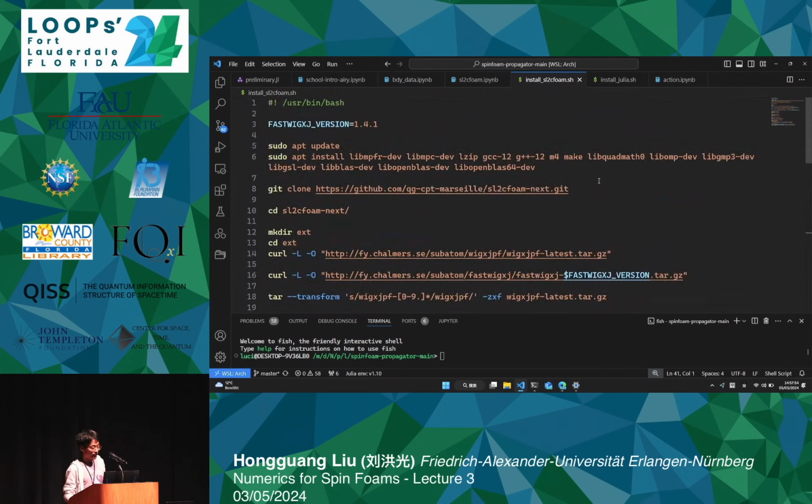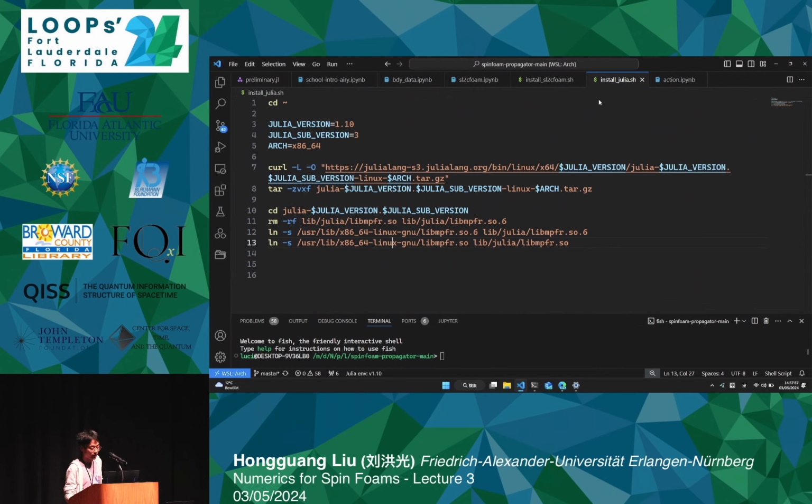But this is only the C part. For the Julia part, you can run this. I'm not sure if it will work for you; you can do it by yourself. There is a nontrivial thing. Julia is very easy to install: you just download it and extract it from the compressed file.